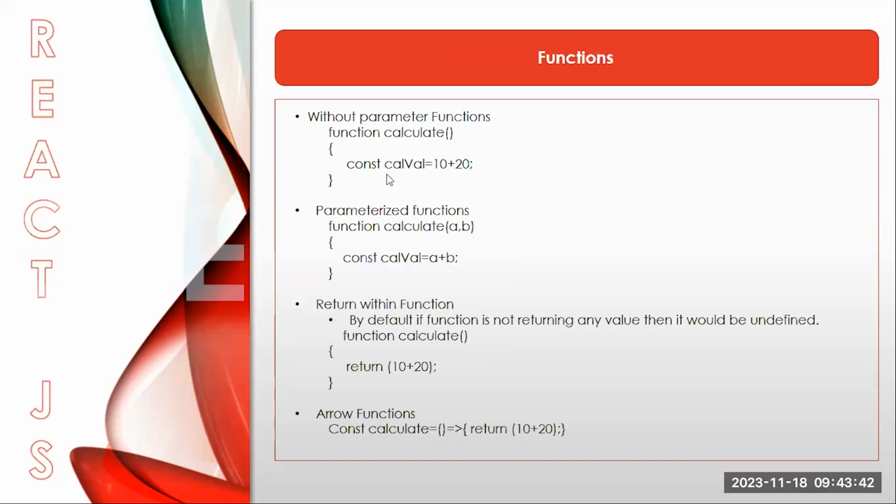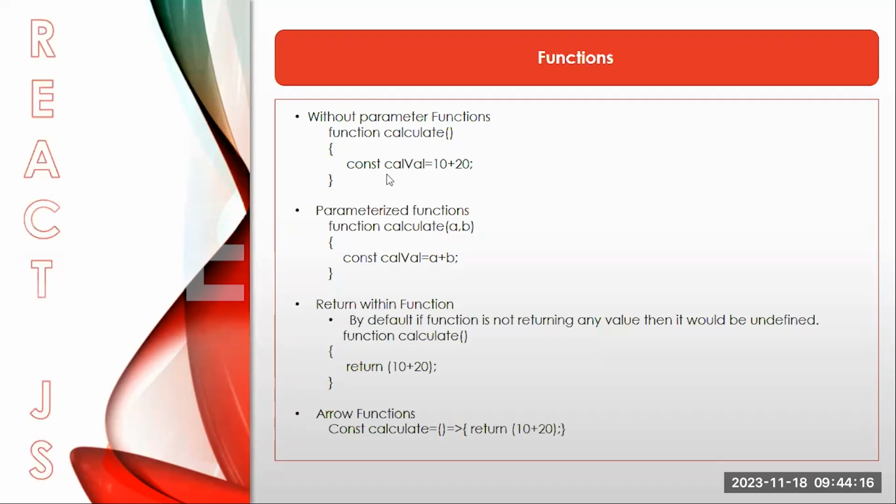Okay, so the functions. We have functions without parameters, parameterized functions, and functions with return values and without return values. When you are talking about front-end code in JavaScript, you can return a value from the function or not, there is no issue with that.